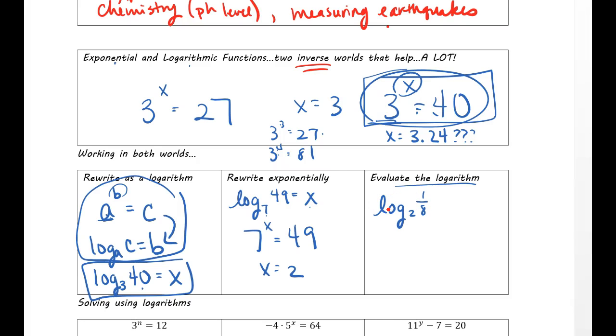Even if it's not shown, I will write equals x. And then I use what I showed you to rewrite it. The subscript is the first number I write. Whatever's on the other side of the equal is now the exponent. And the number next to the log base is what we are equal to. So everything kind of rearranges.